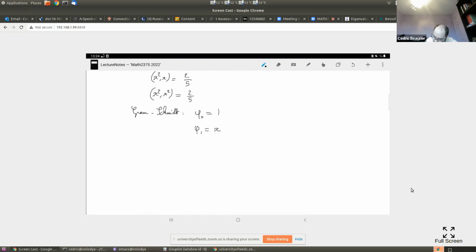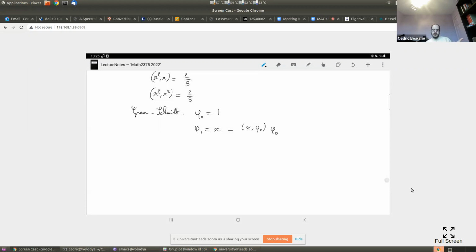How do we project? For vectors, we take a dot product, or an inner product when it comes to functions. So we take the inner product between this and the first function, and this goes in the direction of that first function. I want to subtract that, so I'm multiplying by that first function.